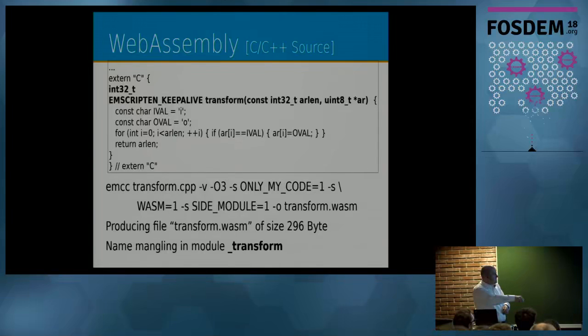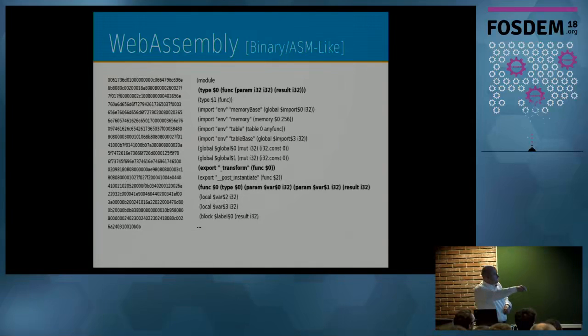The binary code looks like this. These are the 296 bytes, and the textual form would look like this. Here you can see the first parameter, and this is the second parameter, pointing to the location of the array within the linear memory.